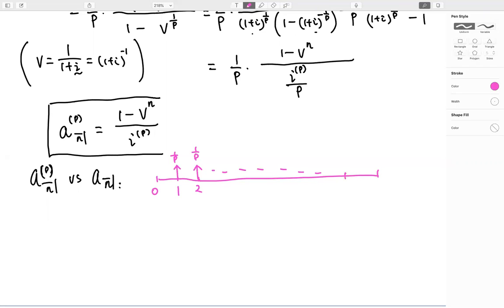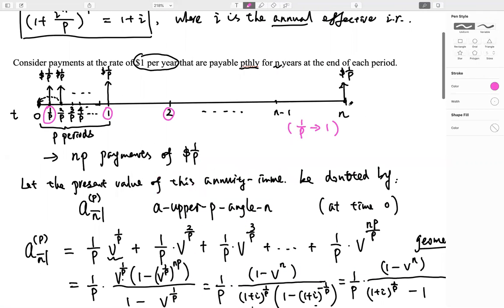Up until the last one would be NP. So now in this, somehow the pink graph, unit period equals 1 over p. Okay, in the standard graph here in black, the unit period is 1 year.